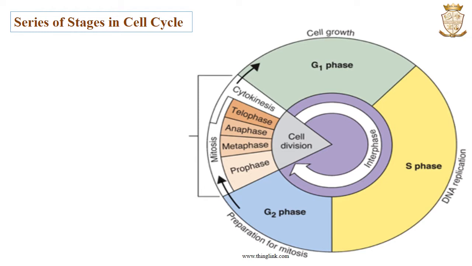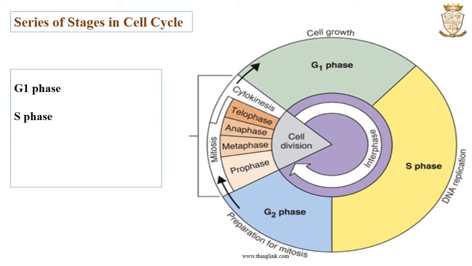Now, let us look into the series of stages in a cell cycle. Actively dividing eukaryotic cells pass through a series of stages in the cell cycle, and they are the G1 phase. During this phase, metabolic changes prepare the cell for cell division. Next is the S phase.